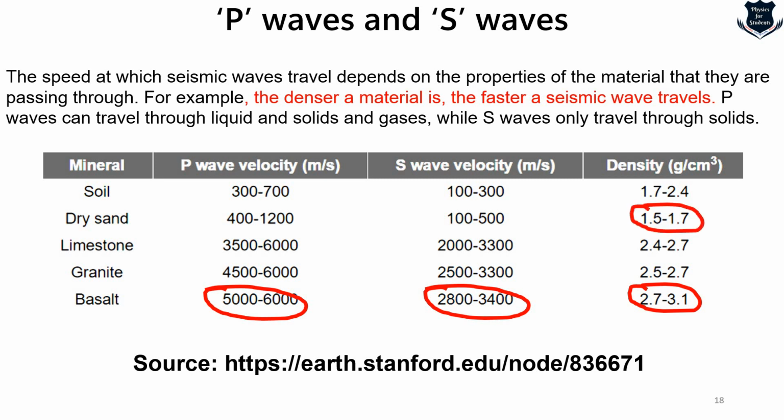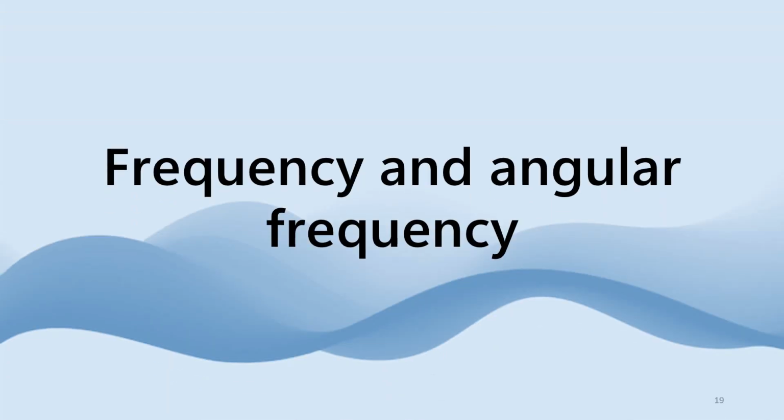If I take a lesser dense medium, which is dry sand, you can see it reduces to 400 to 1200, and it also reduces to 100 to 500. So this is quite clear from this chart: the denser the medium, the higher the speed. The less dense, the lower the speed.